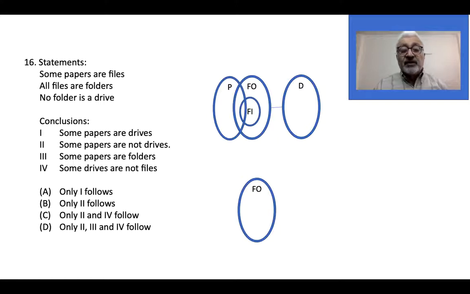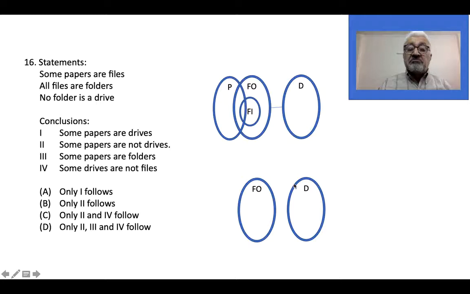Now I've got folders here. I've got drive here, no connection between them, therefore a bar between them. And I have the files inside my folder. All right, now look here. I've got the files inside my folder, and now the first statement, some papers are files. How do I show a relation between papers and files? This way.